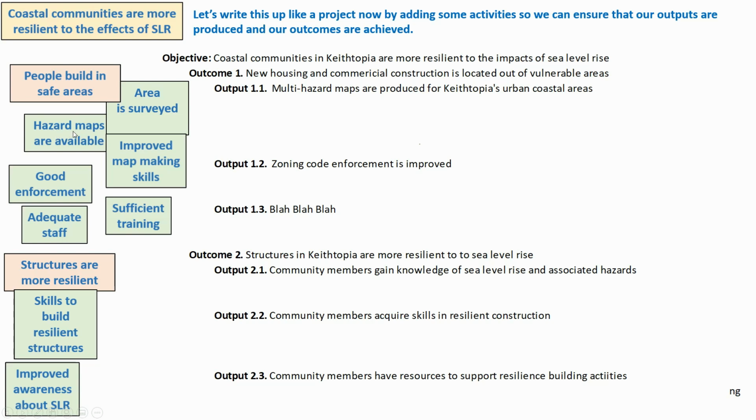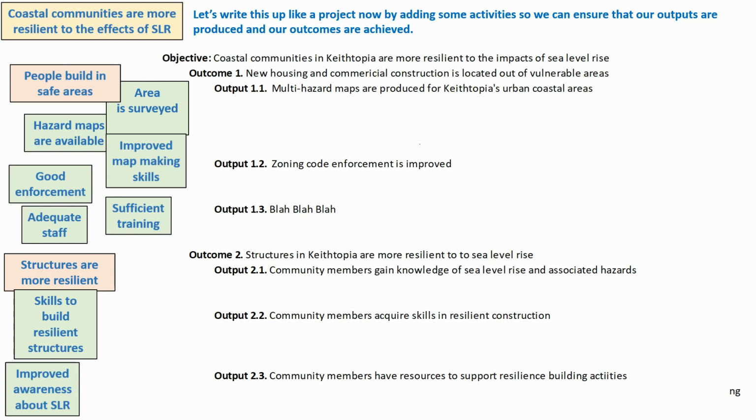Hazard maps are available, and we're going to say that multi-hazard maps are produced for Keytopia's urban coastal areas. And when we say multi-hazard maps, well, it's not just sea level rise, but it might also be for coastal flooding from heavy rains and things like that. It could be for heat waves, it could be for droughts, and it could be for other hazards.